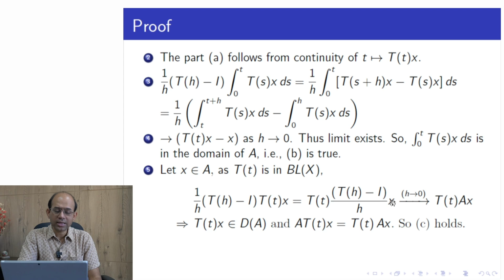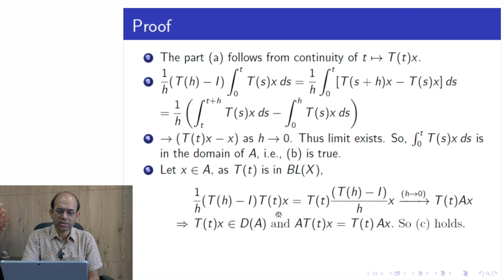Now, since x is in the domain of A, this limit exists as h tends to 0. This limit goes to Ax, and here T_t is a bounded linear operator. If this goes to Ax, T_t of this thing would go to T_t of Ax, due to continuity of T_t. So as h tends to 0, this thing goes to T_t of Ax. So what does it imply?